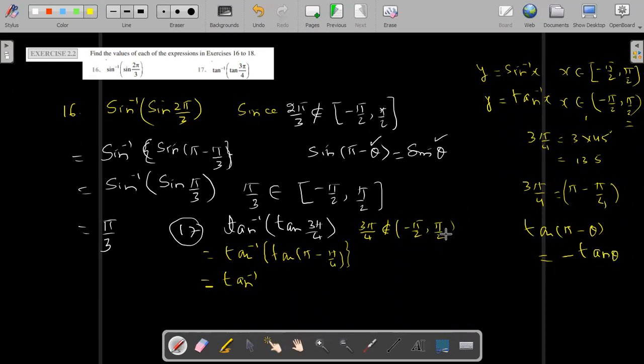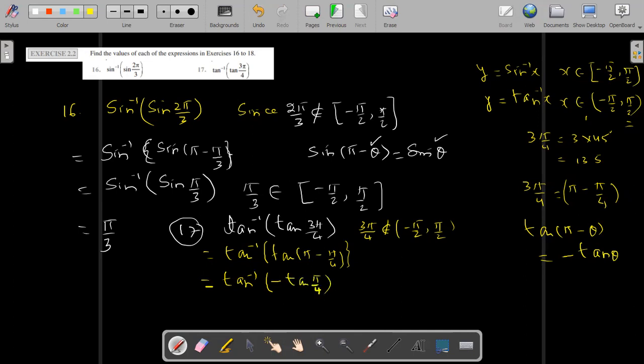We will write minus tan theta. So it will become minus tan pi by 4.